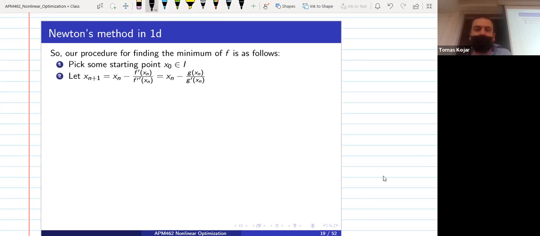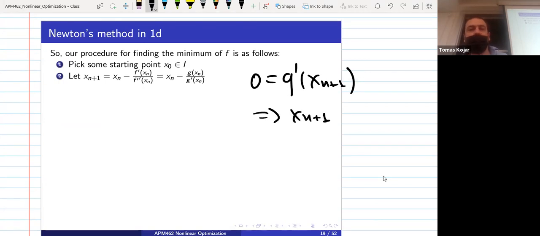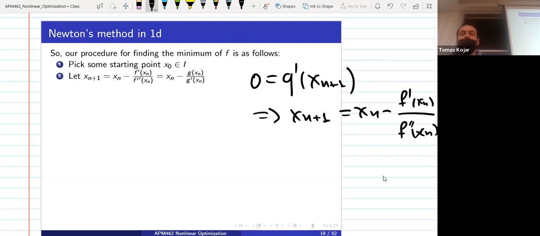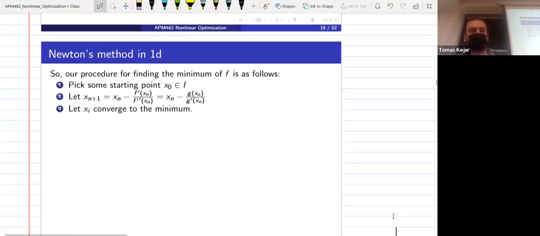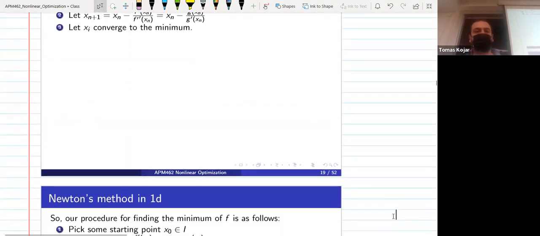Like we did before, we solved 0 equal to q prime of xn plus 1, and then this will give you xn plus 1 to be xn minus this stuff. So that's how the method works. And we will prove convergence because it seems very abstract. We'll use the mean value theorem and stuff like that, and we will also prove convergence of that sequence.